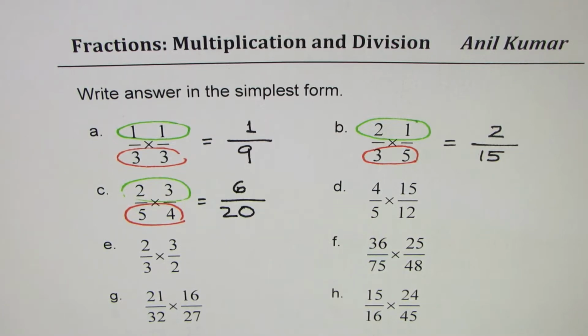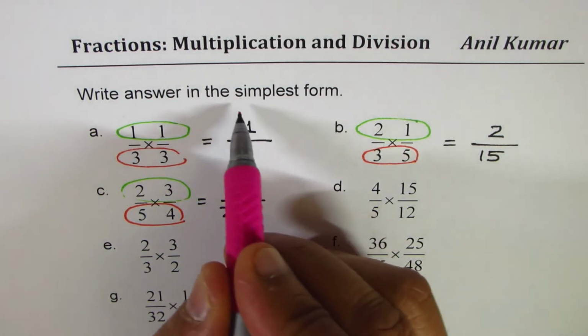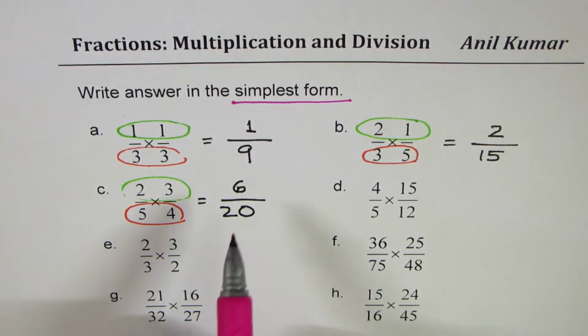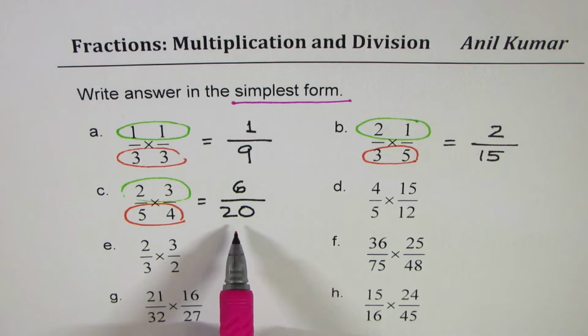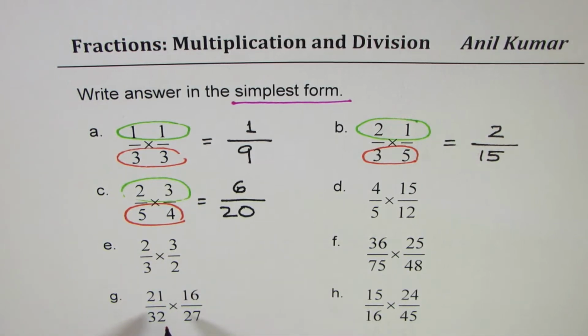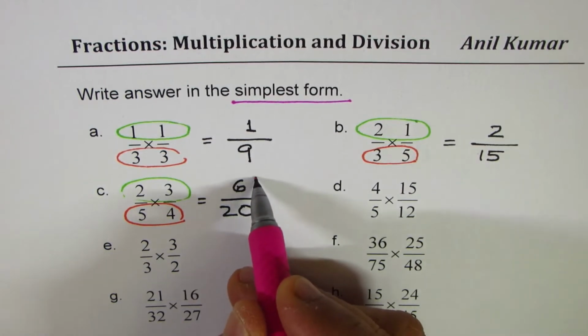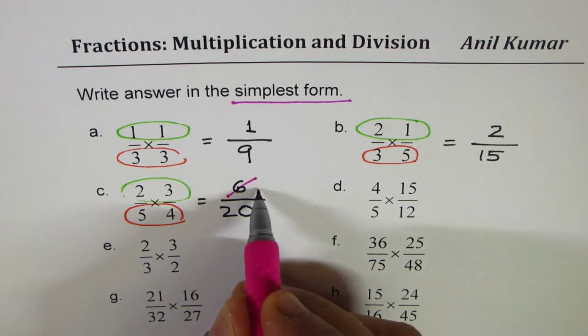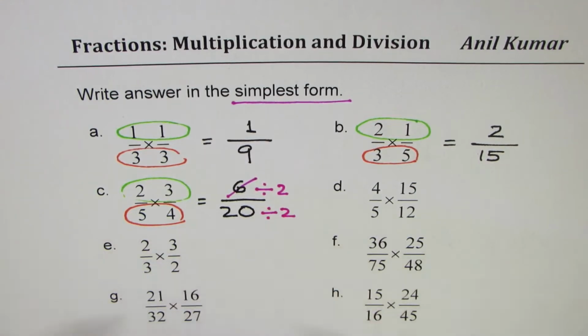Now here, let's take a break. Let's read the question once again. It says, write answer in the simplest form. Well, you are familiar with fractions. 6 over 20 could be simplified, right? We could divide both by 2. If I divide the numerator by 2 and also the denominator by 2, what do I get?